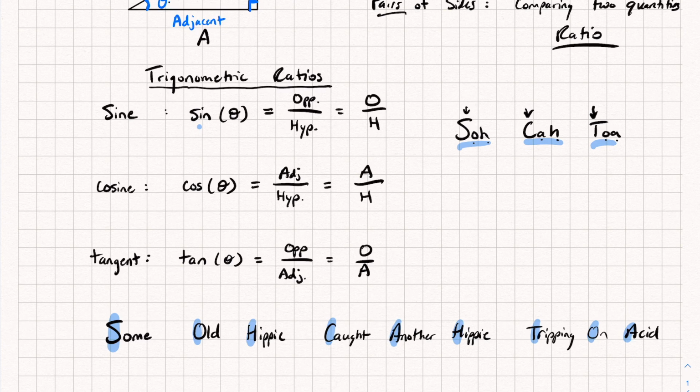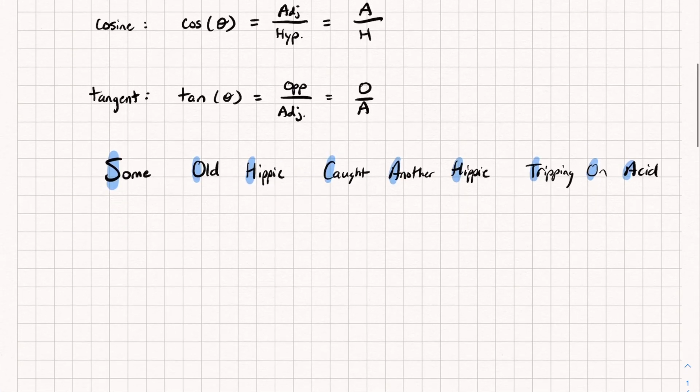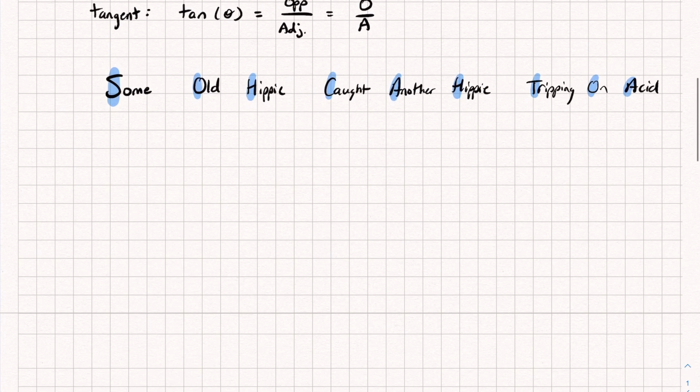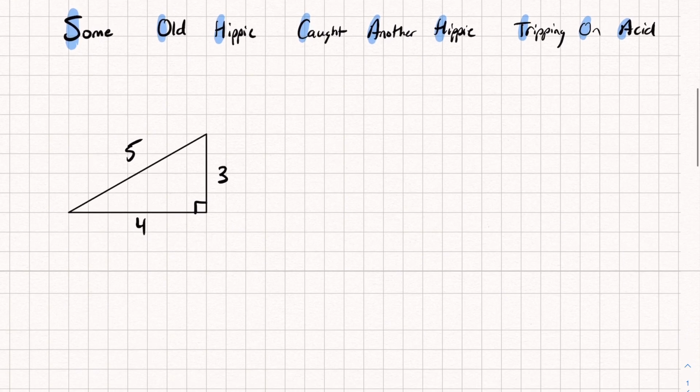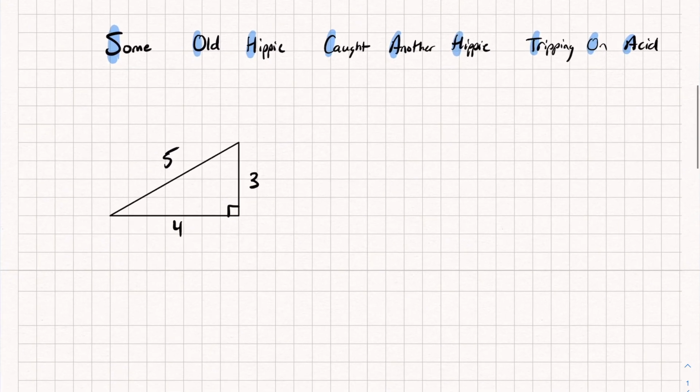And so just to give an example, let's say we had a right triangle that was, I'm just going to draw an arbitrary one. And let's call this a 3, 4, 5. Triangles that are 3, 4, 5 are when a right triangle has sides that are whole numbers like this.